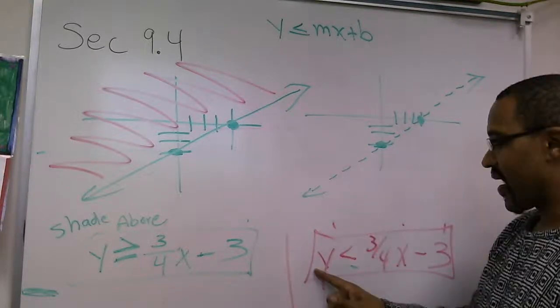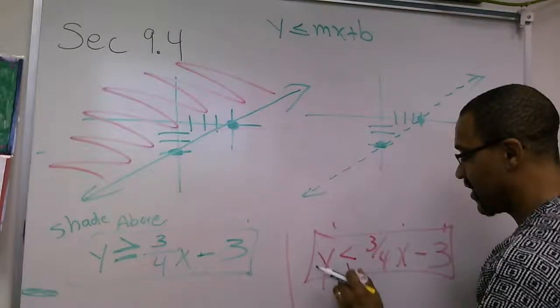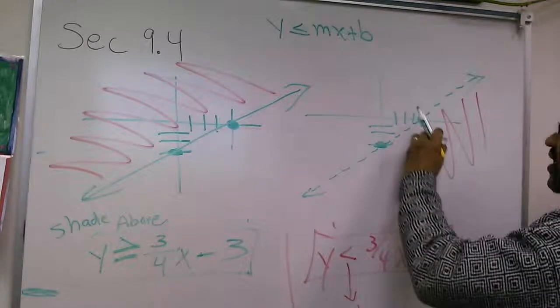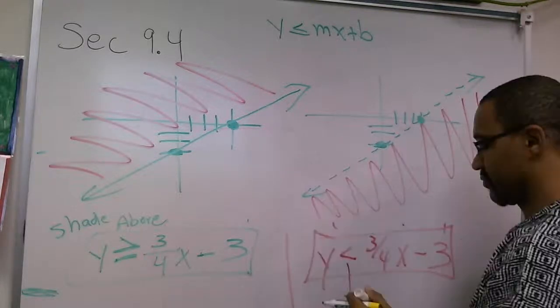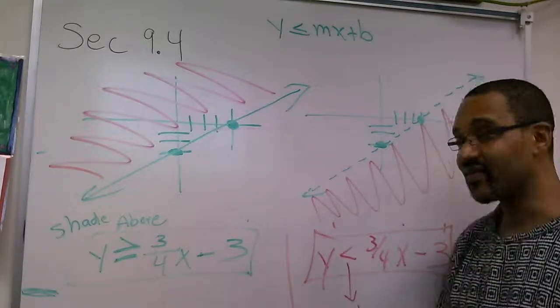And y less than means you're going to shade below the line. Less than is below, so we will shade down here.